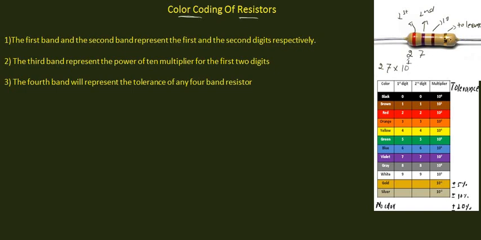And the fourth band shows the tolerance of the given resistor. By tolerance we mean the range in which the value of this resistance lies. The fourth band has a color of gold, so from the given table the tolerance is plus minus 5%.